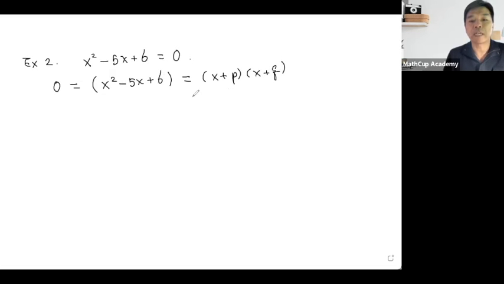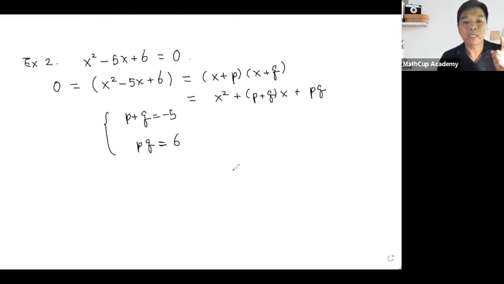Expanding, this always has the same form, equal to x squared plus (p plus q)x plus pq. By comparing every term on both sides, we know that p plus q equals -5 and p times q equals 6.